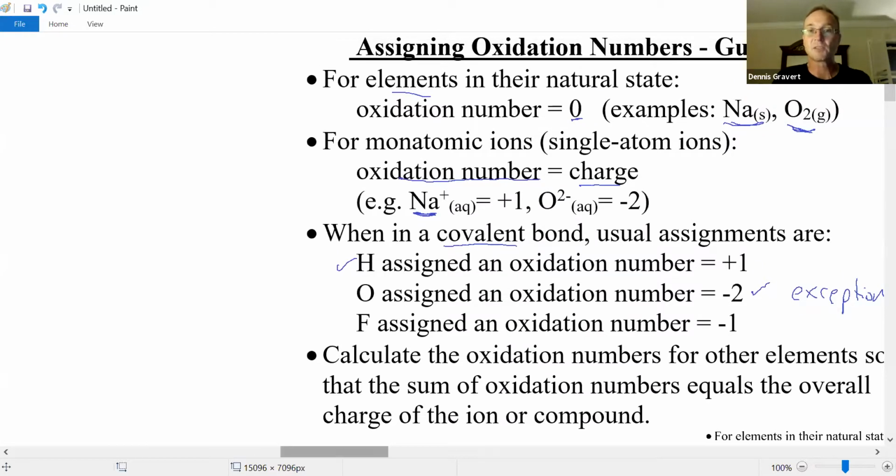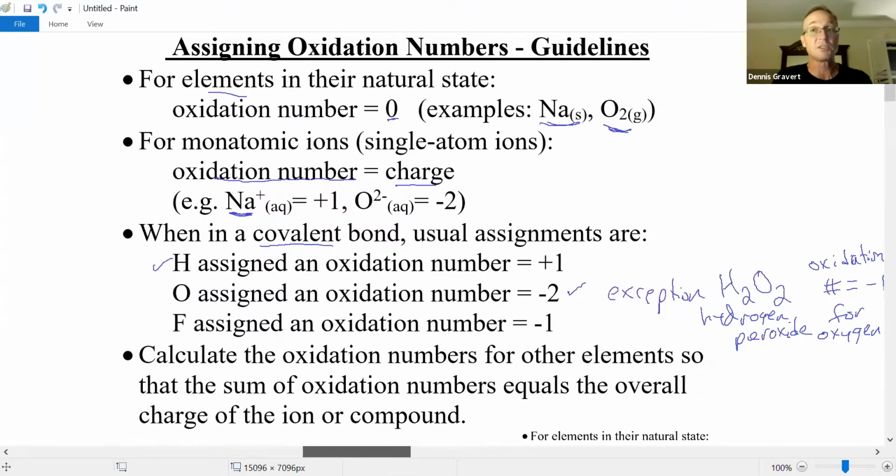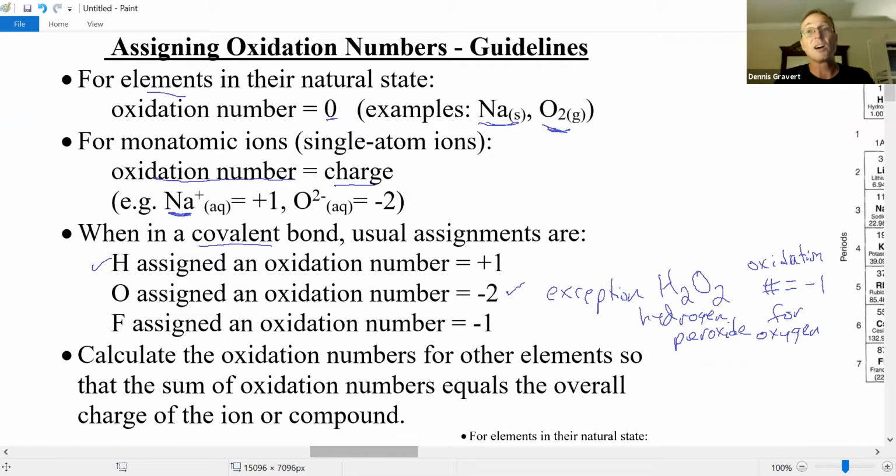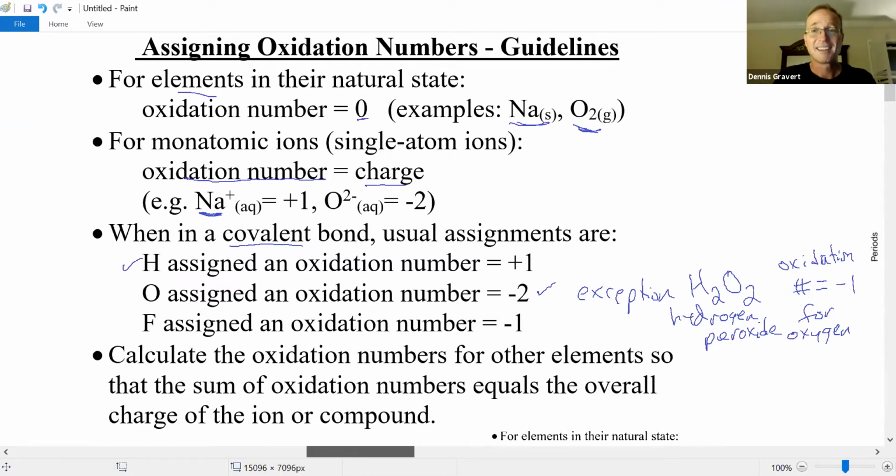Okay, so those are things to remember, and using the periodic table, which you always get on my exams, will help you remember. Oh, I put the periodic table on the right, I forgot. Okay, so remember assigning oxidation numbers. Hydrogen gets a +1, oxygen a -2, fluorine, and the other halides will get a -1 usually.